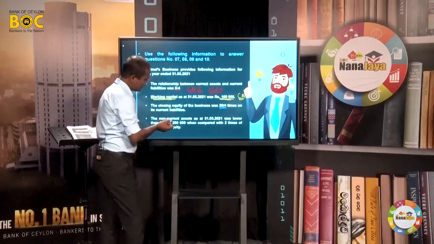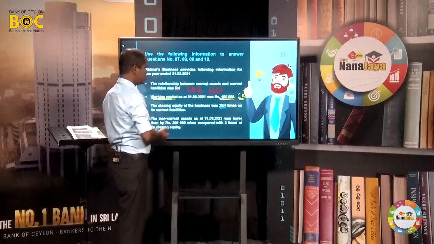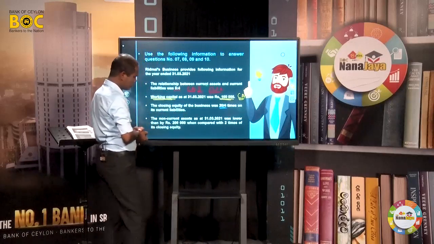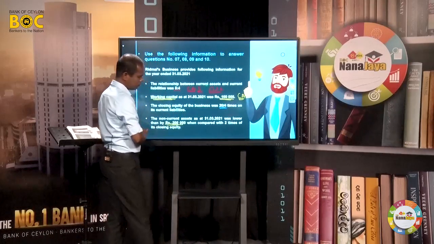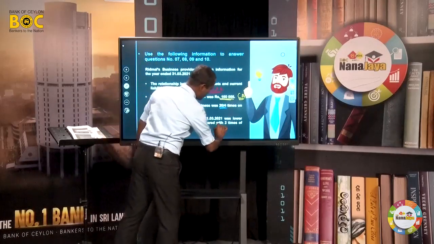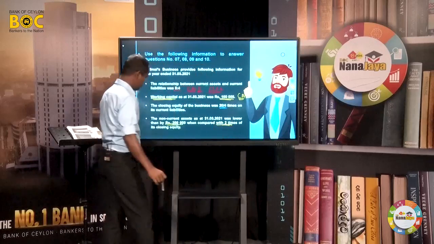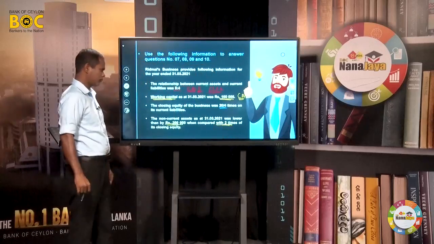The next one: the non-current assets as at 31st March 21 was lower by 200,000 when compared with 2 times your closing equity.